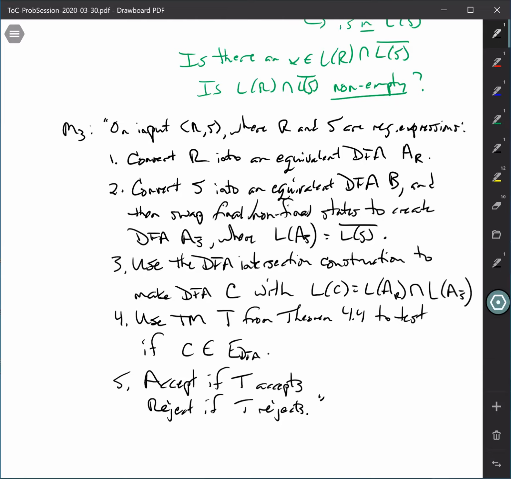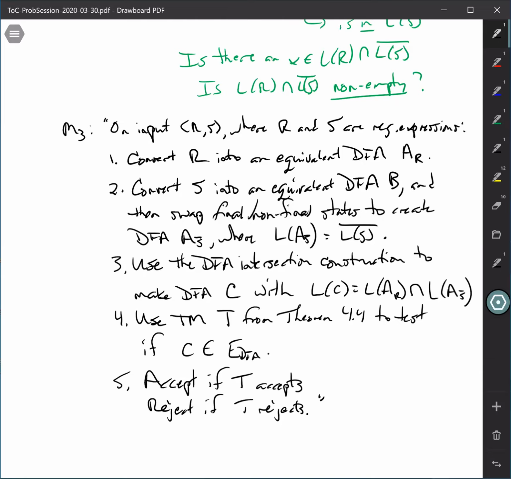Let's see. So Stephen's comment was, could you convert R and S to DFAs and then create a new DFA that recognizes the intersection of those?